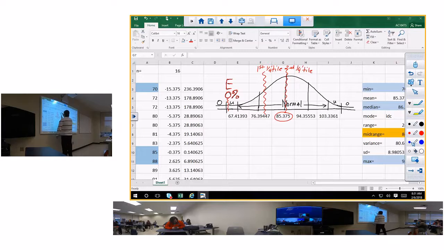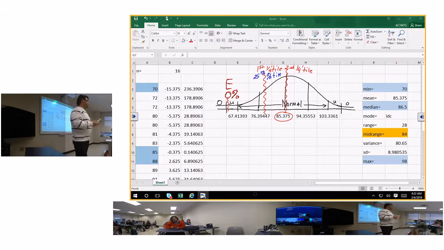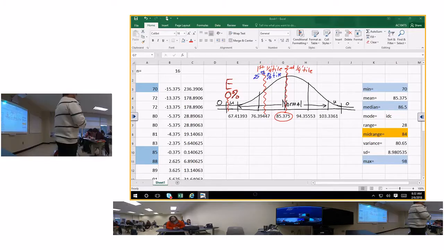So, 25th percentile. Are they the same thing? Yes. And that is one of those standardized test questions. They may ask, what is the 50th percentile? And then ask, what is the second quartile? And they'll give you the same choices. It's the same thing. Okay?